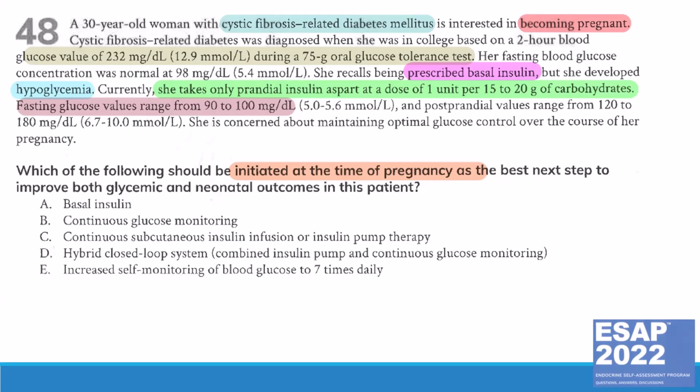The hybrid closed loop system is not recommended in this situation. This is a pregnant female, so the hybrid closed loop is not recommended.